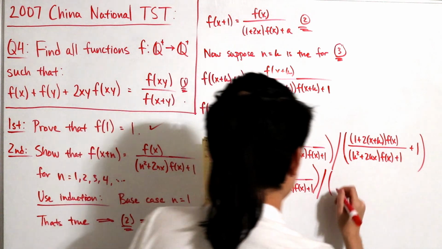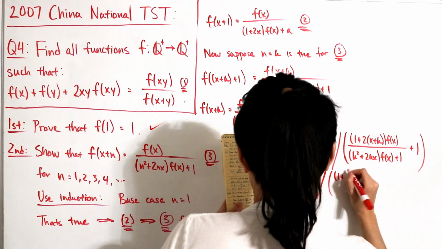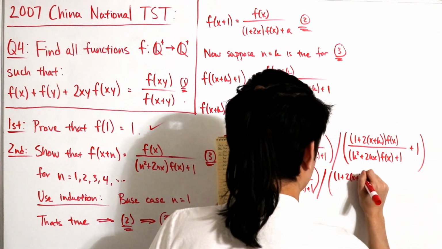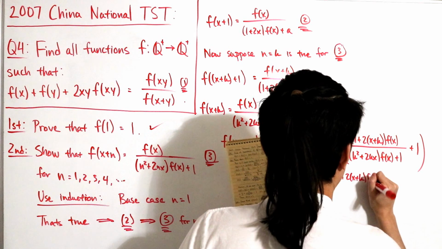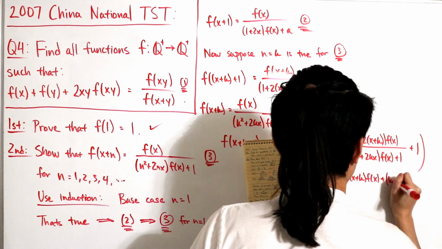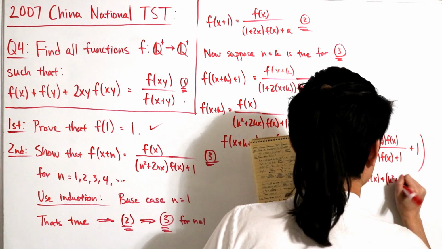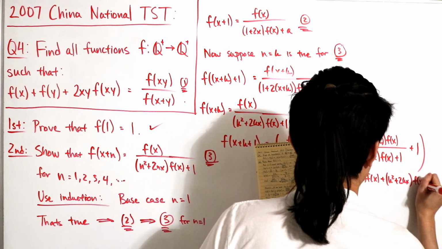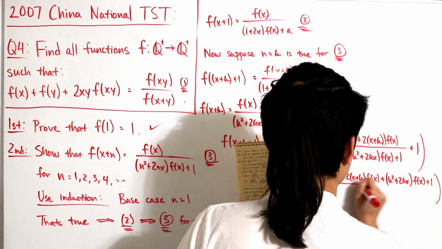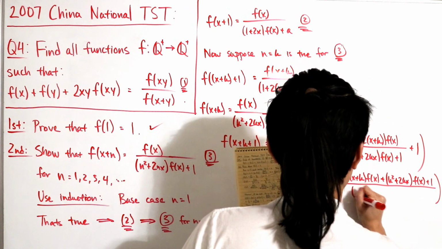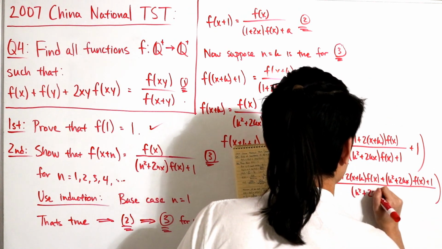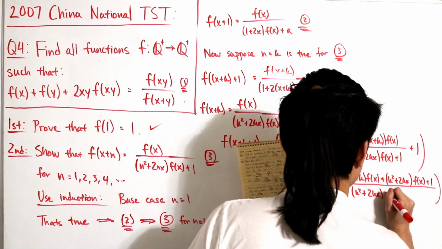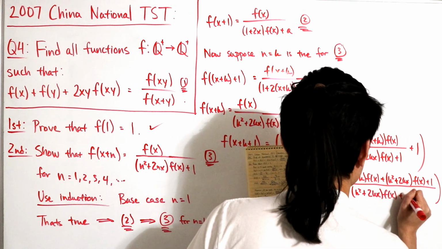By doing so, we have 1 plus 2 times x plus k multiplied by f of x, added to k squared plus 2kx. That's the quantity inside, times f of x plus 1. And under the denominator, it's just k squared plus 2kx, then f of x plus 1.